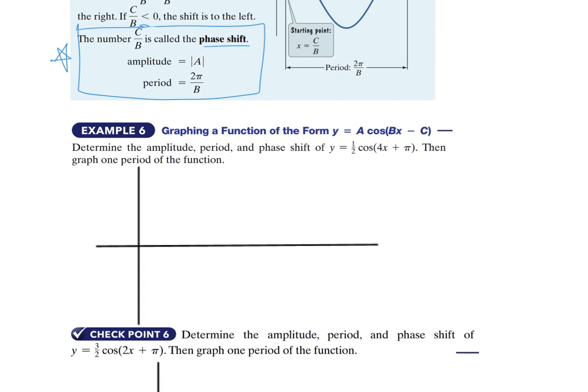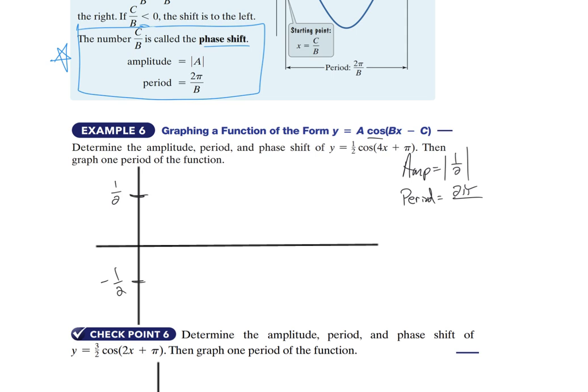The amplitude will be the absolute value of 1/2. So we're only going up to 1/2 and down to negative 1/2. Again, we're graphing a cosine function. The period equals 2 pi divided by b, the number that is multiplying by x.